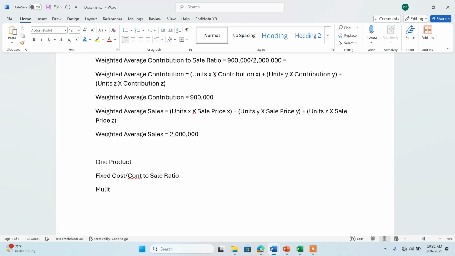While in the case of multiple products, we have the same formula, but this time the contribution to sales ratio is not for one unit, but the weighted contribution to sales ratio.